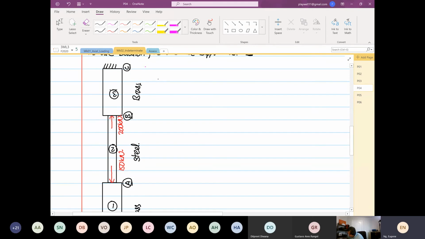Now we have the deflection at 0.3 will be equal to minus 200 times 10 to the power 3 plus 150 times 10 to the power 3, then you have your length, which is 0.25, divided by the cross-sectional area.